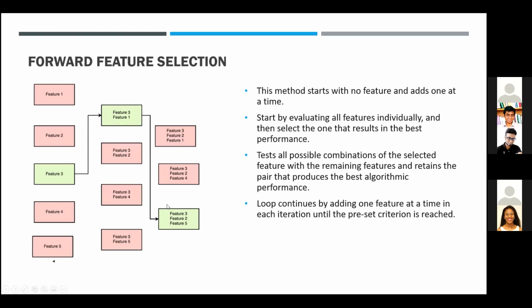You continue this until your preset criterion is reached. So maybe you realize at this point that adding more combinations does not improve performance, and then you keep these 2 as the features that you're going to use to model your Y value.